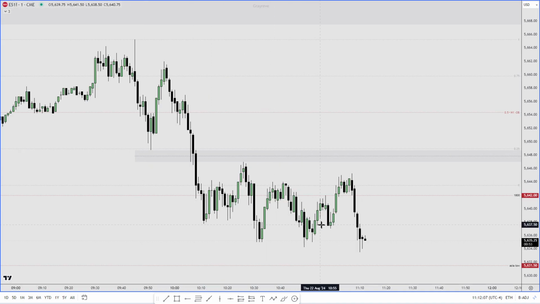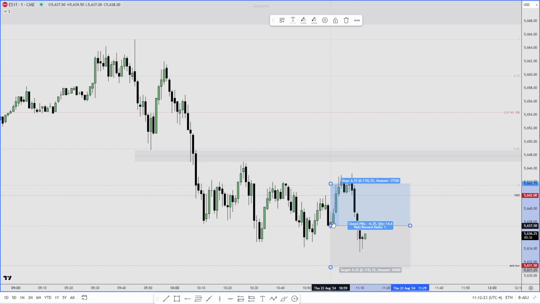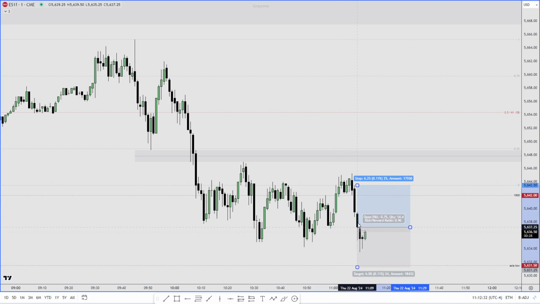Right here you have the breaker, you have the inversion fair value gap, but if you take the risk to reward, it's not the best. 1 hour, you'll be shorting this fair value gap here.